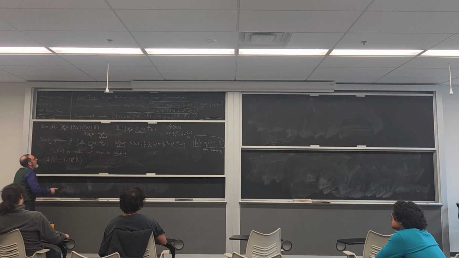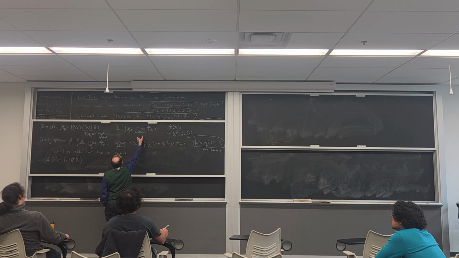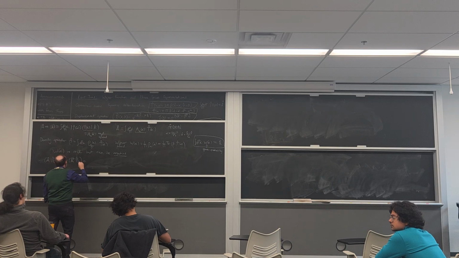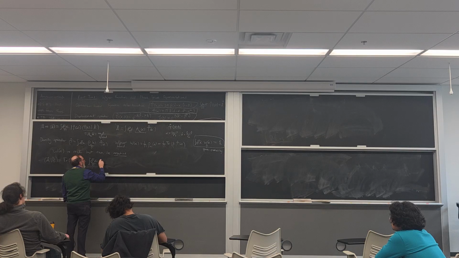If I shove in a resolution of the identity over here, or I plug in, for example, this form of A over here, what I see is that this is equal to the integral over all space of the Weyl symbol for A star times the Weyl symbol of B. Right?